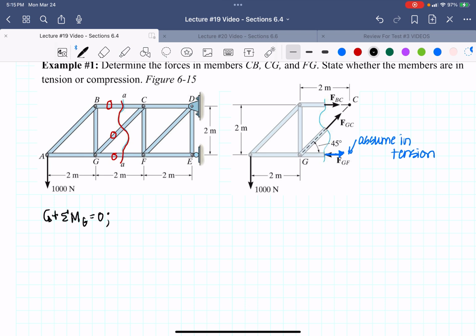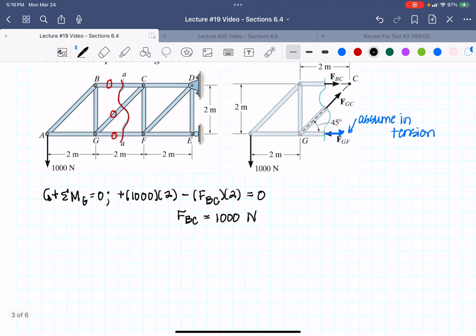So I am going to have the 1,000 Newton force is positive, and it is 2 meters away. And then all I've got is FBC, which is negative, FBC, and it is also 2 meters away, equals 0, which tells us that FBC equals 1,000 newtons, and it is positive, so therefore it is in tension, just as we assumed.